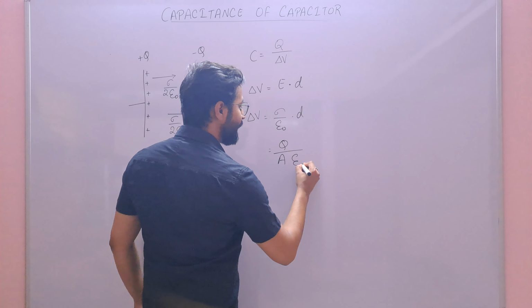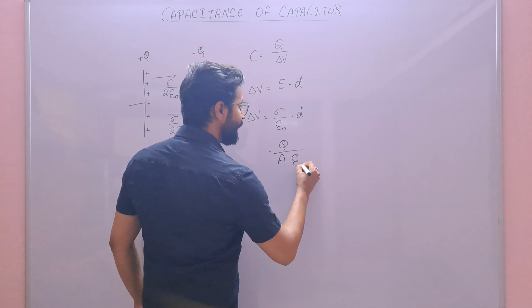So we can rewrite C is equal to Q upon Q d upon A epsilon naught. In this expression, Q gets cancelled out and we get C is equal to epsilon naught A upon d.